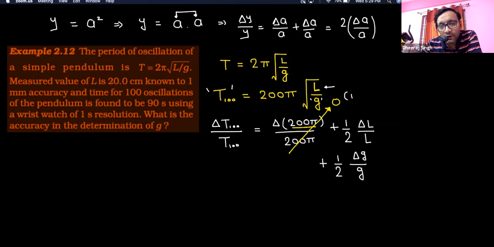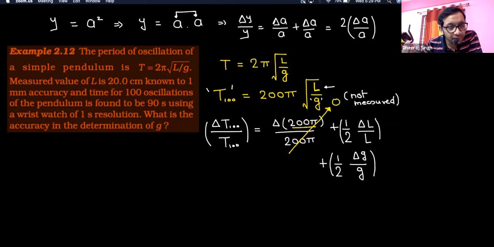Delta is error. Delta in 200 pi is 0. Numerator is 0, denominator is 200 pi. So that's the reason why delta T100 by T100 is half of delta L by L plus half of delta G by G. Okay. So delta T100 is 1.